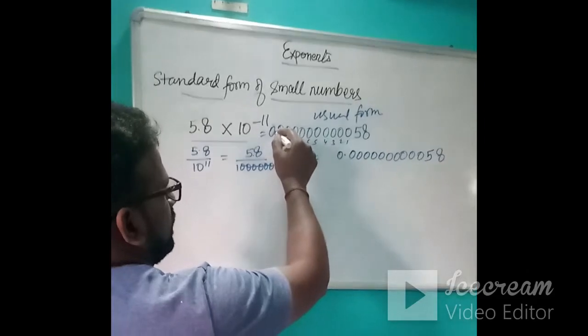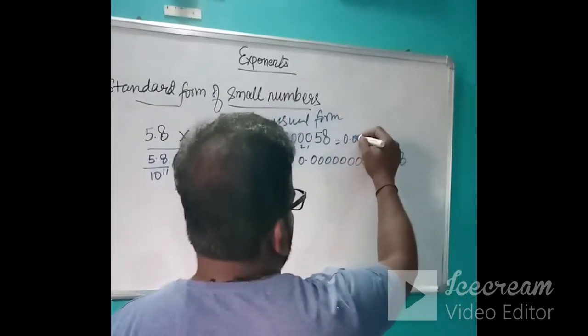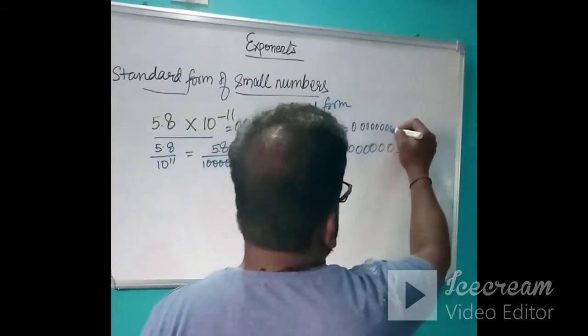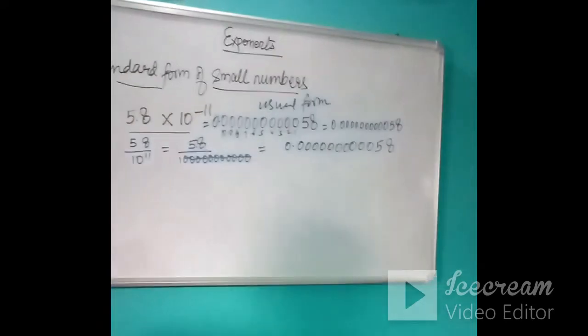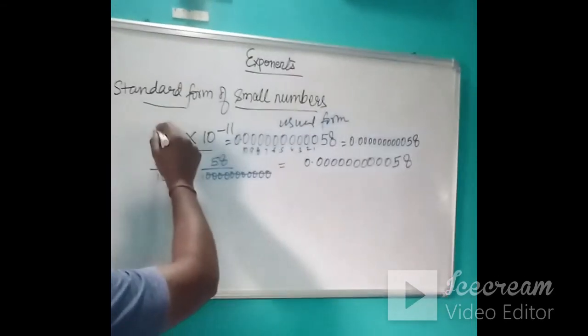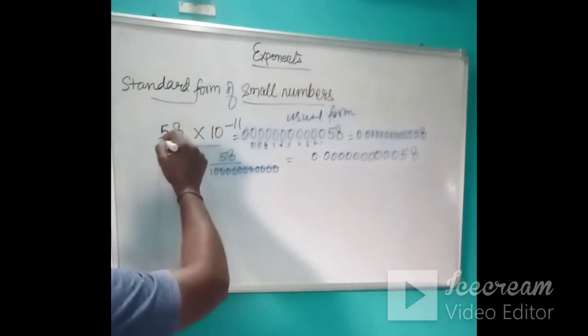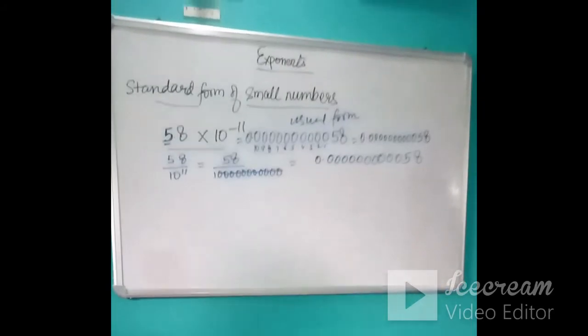After this we will put a decimal. So finally this will be your answer: 0. Then 1, 2, 3, 4, 5, 6, 7, 8, 9, 10 zeros and 5, 8. Like this. Okay, so remember this. You have to count the 11 places including the digit before the decimal, that is 5 also.